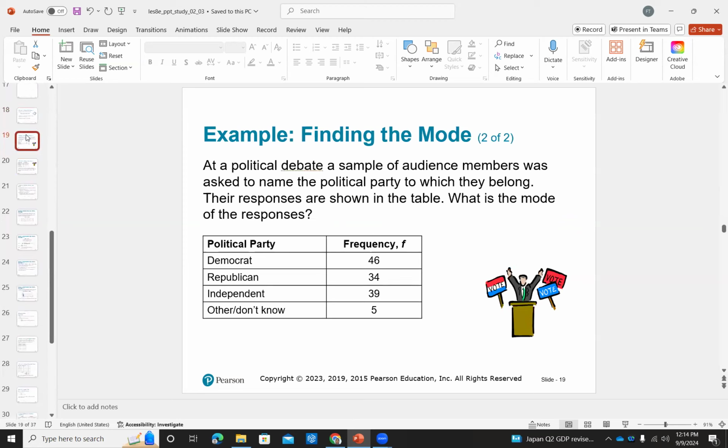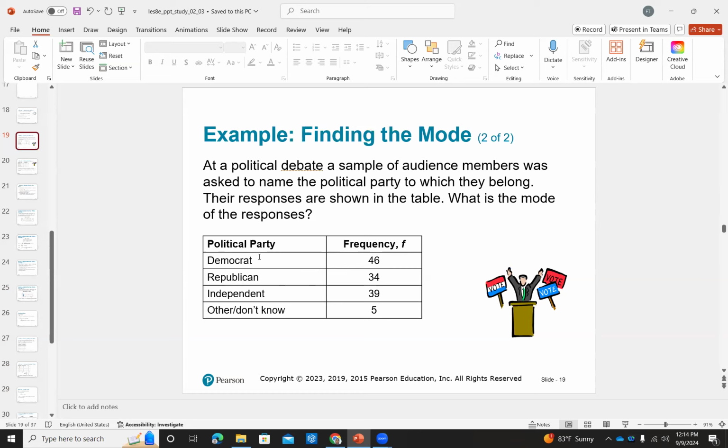Okay, and now there's another example we're going to look at about finding the mode. At a political debate, a sample of audience members was asked to name the political party to which they belong. The responses are shown in the table. What is the mode of the responses? So we have this political party, and this many people said that they're supporting this political party.